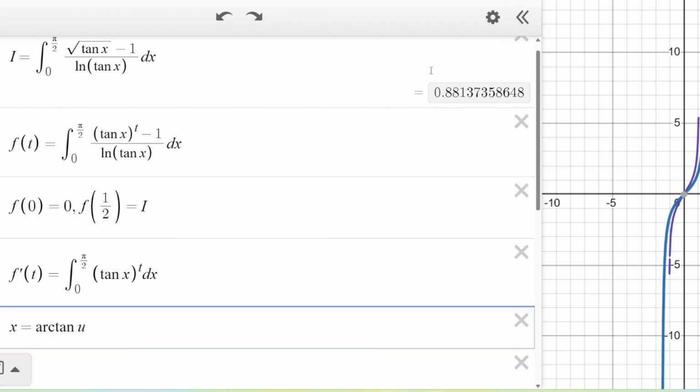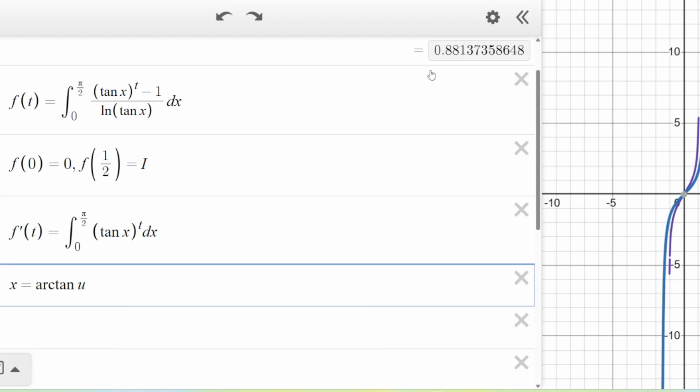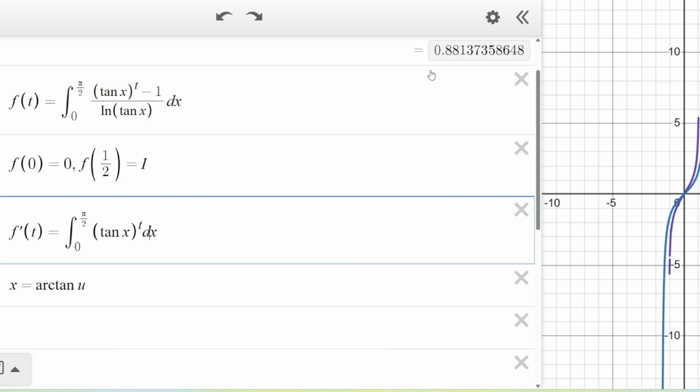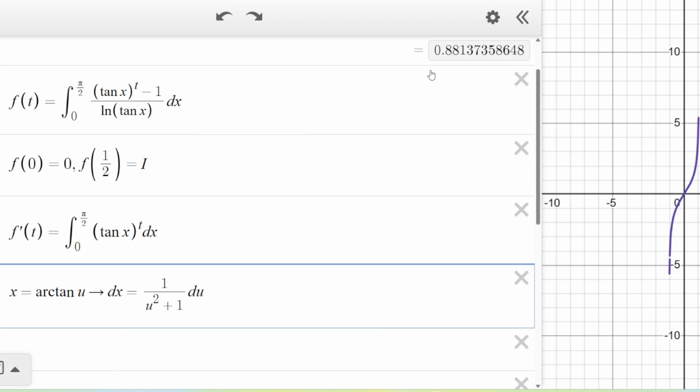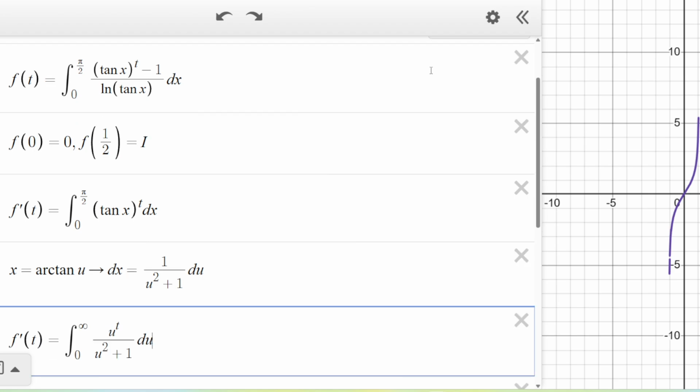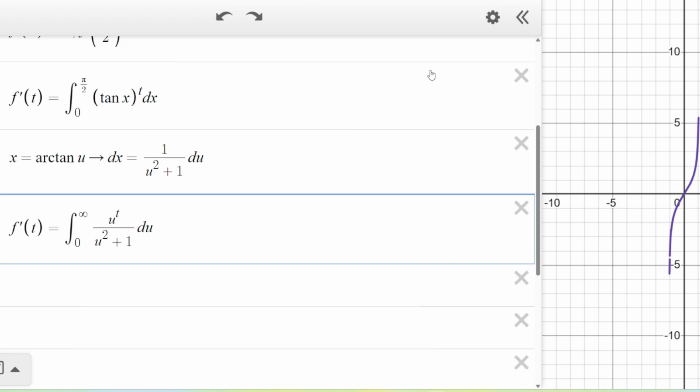All right, what next? We can let x equal arctangent of u. Of course, that means that u is equal to the tangent of x, so that means that this thing is going to just become a u. And that also means that dx is 1 over u squared plus 1 du. So, our f prime of t becomes, let's see, our bounds of integration change.